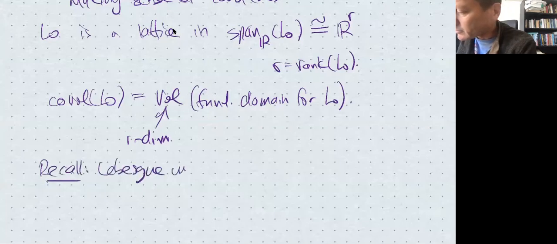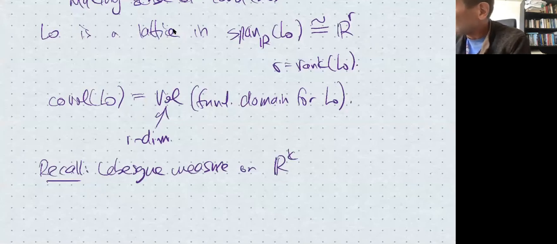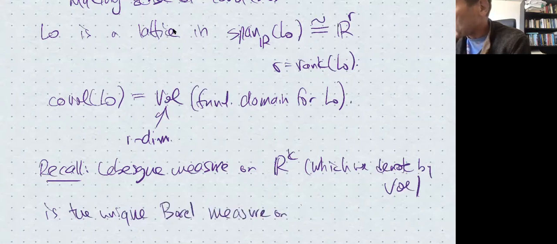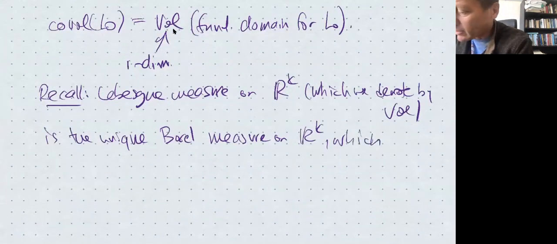Lebesgue measure on R^k, which we denote by vol, is the unique Borel measure on R^k, so it's defined on Borel sets in R^k, which is translation invariant.